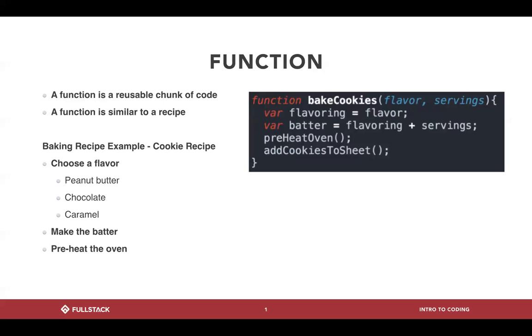So both of those functions defined elsewhere are being used here to do different things. And it executes these one by one in order, and it will execute anytime you write the function name with those open and closed parentheses beside each other, like you see on preheatOven, addCookiesToSheet.